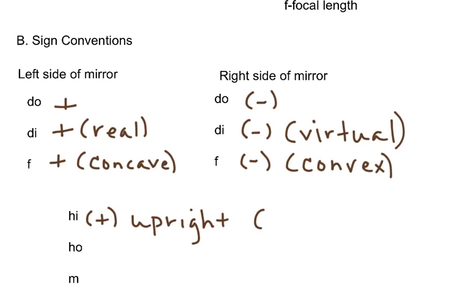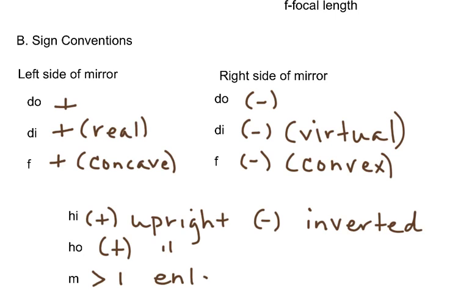If that is negative, we say that it is inverted or upside down. And the height of the object, it's always going to be positive or upright. Now for your magnification, if it is larger than 1, we say that the image is enlarged. And if the magnification is less than 1, we say that the image is reduced in size.